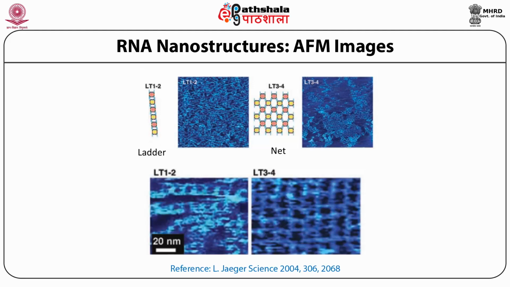In one example, this nanostructure can be assembled in ladder form, as you can see on the left, or it can form a net-like structure, a 2-dimensional lattice. The bottom images are high magnification AFM images, where you can see both the ladder-like structure and, on the right, the net-like 2-dimensional lattice with repeated periodicity and gaps between the Tectosquares.